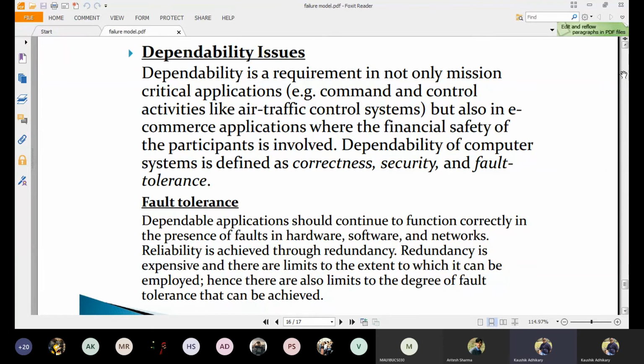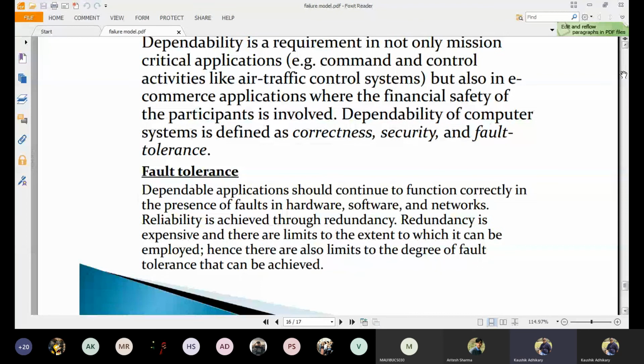Fault tolerant means even if it crashes, I should get my service. That is fault tolerance. A dependable application should continue to function correctly in the presence of faults in the hardware, software, and networks.